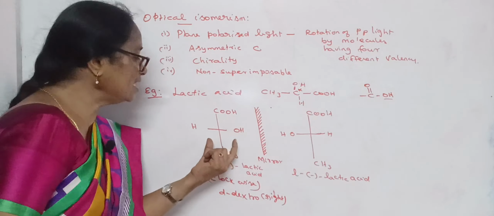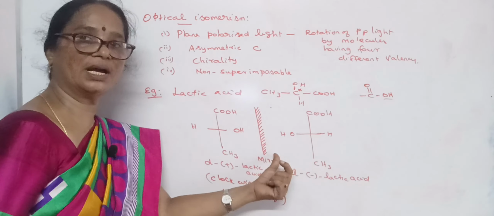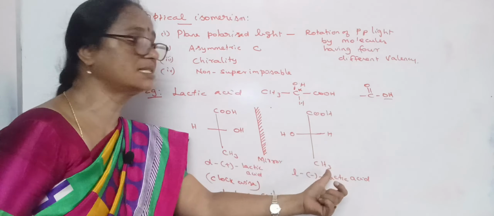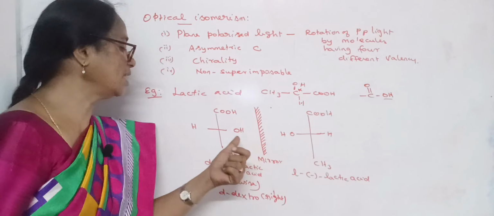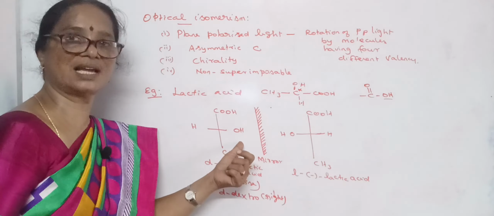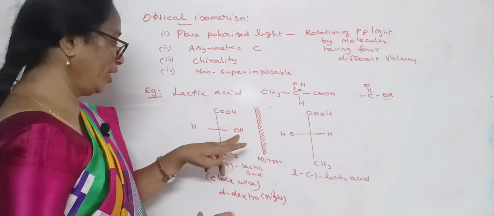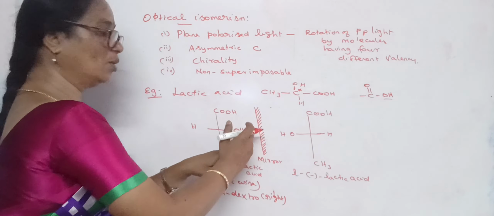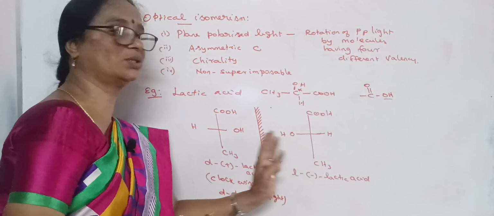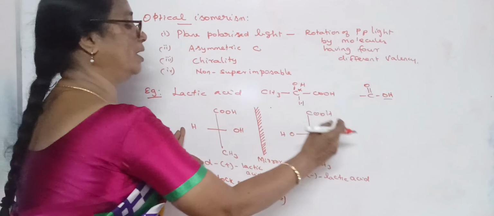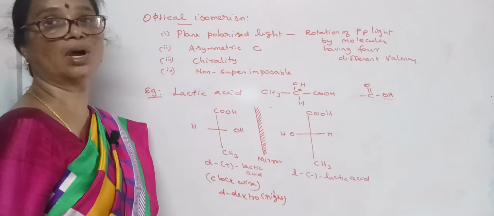Similarly, when this molecule is viewed in a mirror, the top and bottom, the head and tail will be in the same position, but the groups attached sideways, that is left and right, get altered. So, OH is to the right side of the molecule, but in the mirror image OH is to the left side. Hydrogen is to the left of the molecule, but in the mirror image it shows on the right of the molecule.